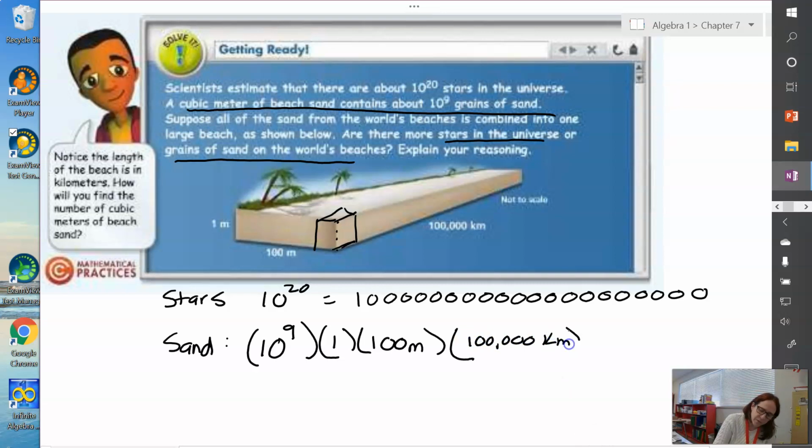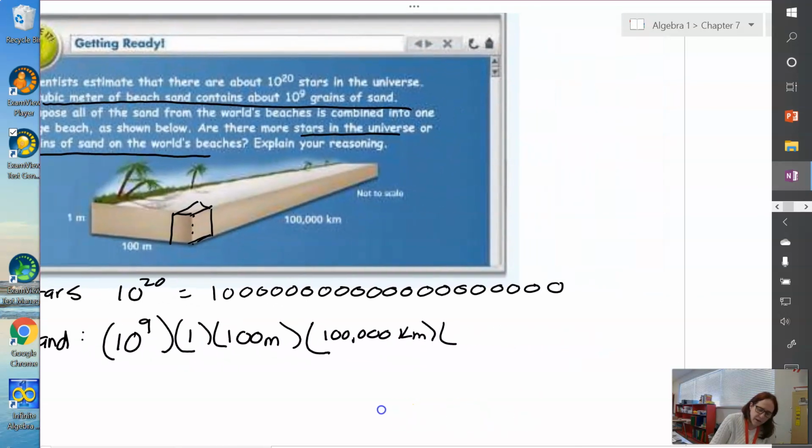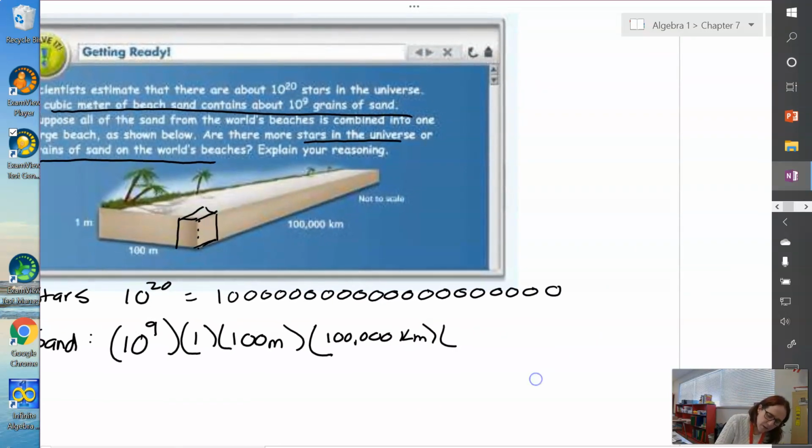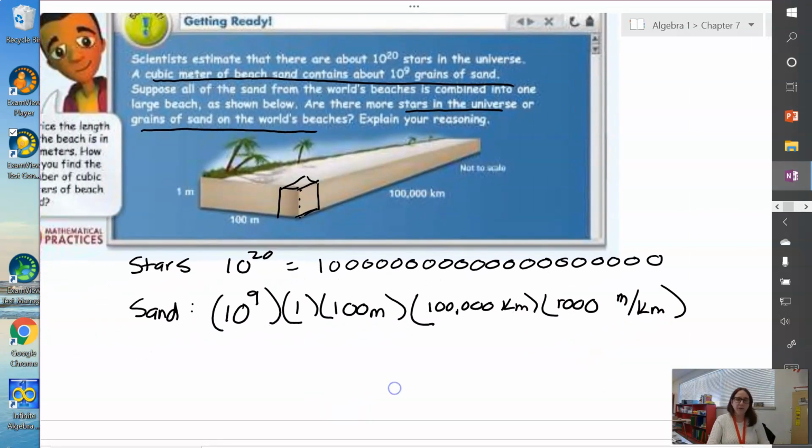Those are kilometers, and I need to get it into meters because everything is in meters. There are 1,000 meters in a kilometer. So I string all these together: the amount of sand in each cubic meter, and then this is all figuring out the cubic meters.